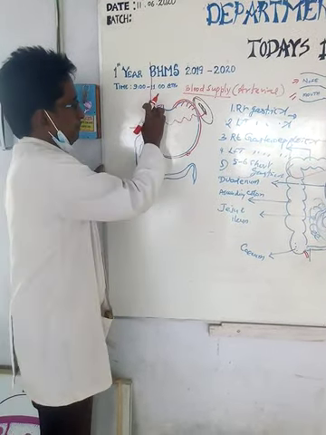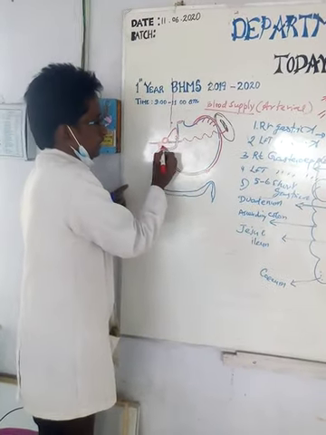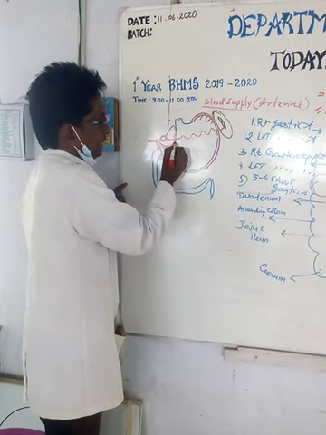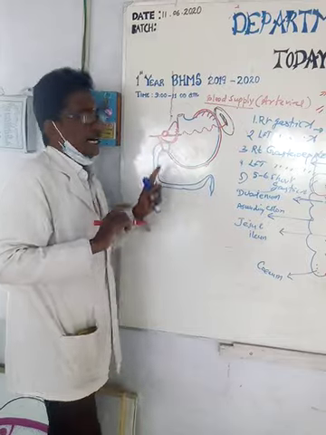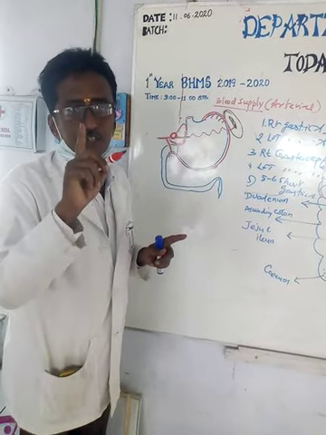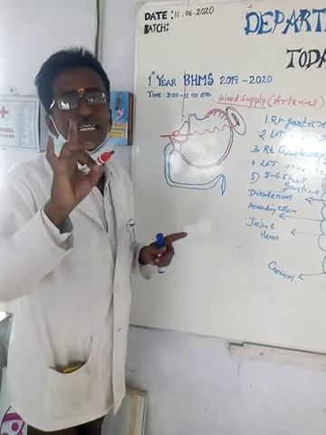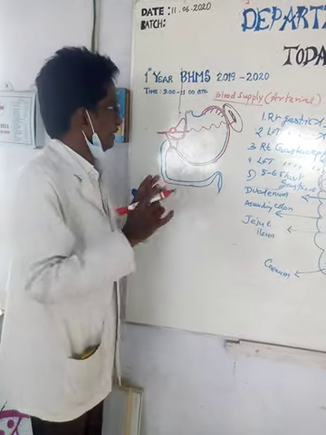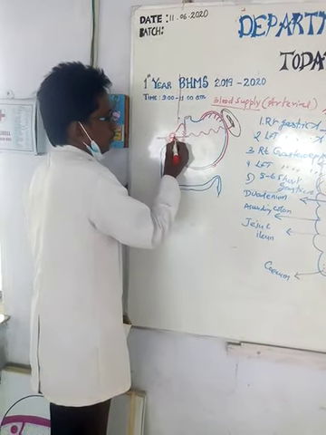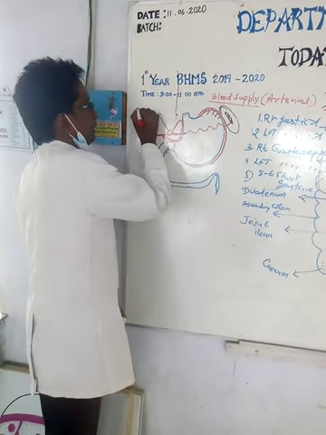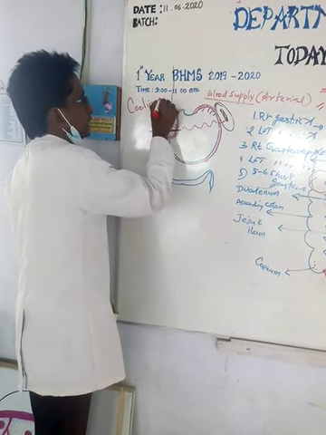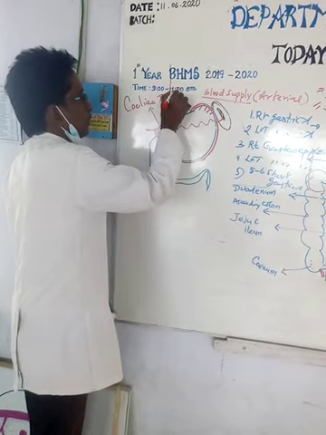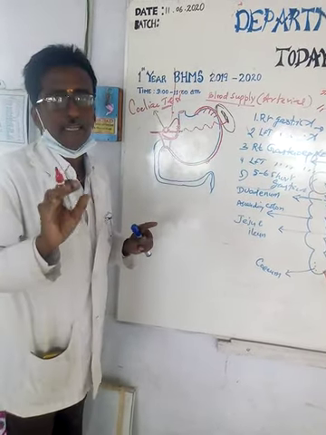So in this area is the right gastric artery, and this is called left gastric artery. Right gastric artery originates from common hepatic artery. Listen, now this big round is called celiac trunk, or you can say celiac artery. Celiac trunk is otherwise called celiac artery.